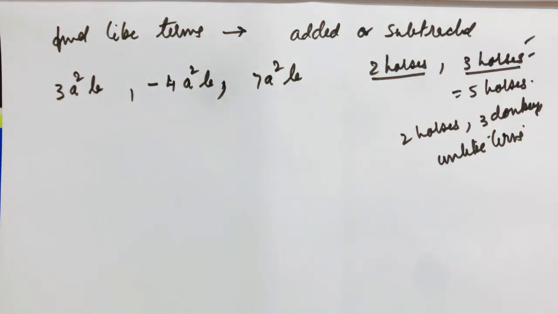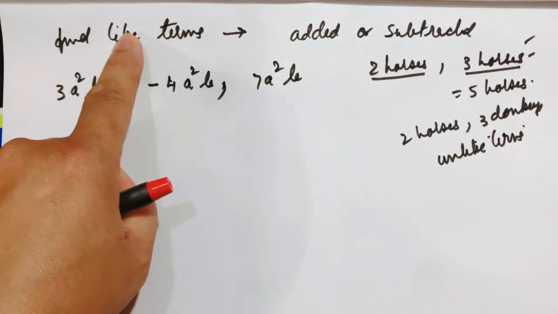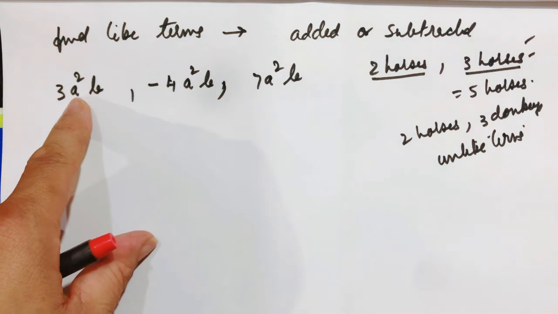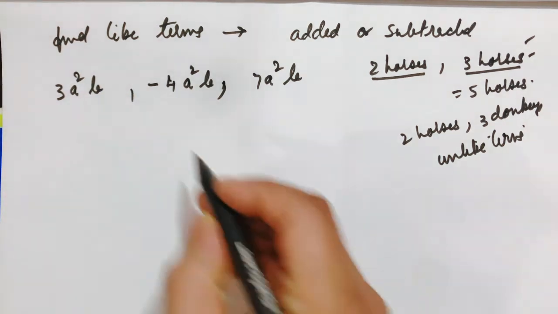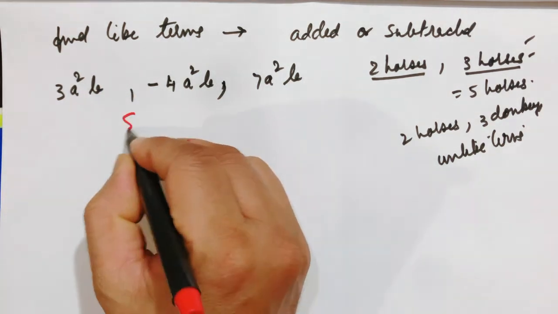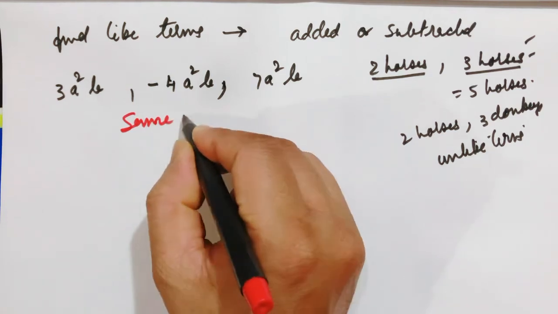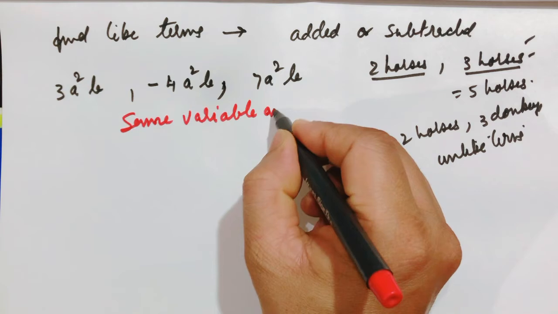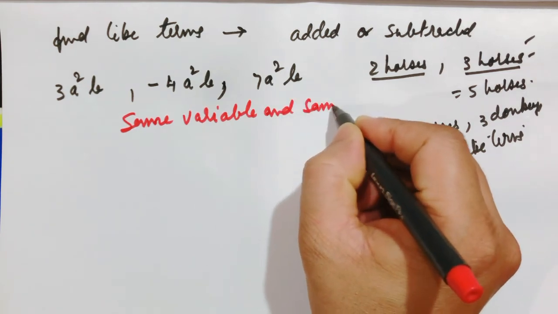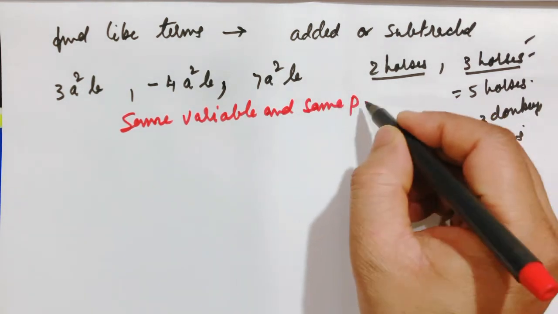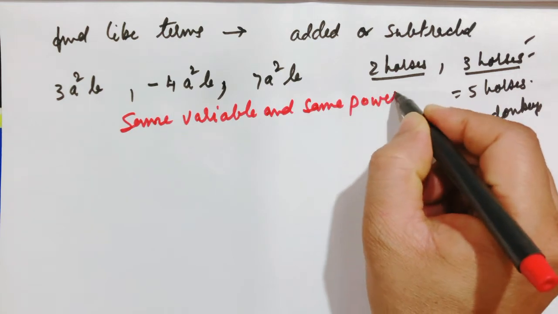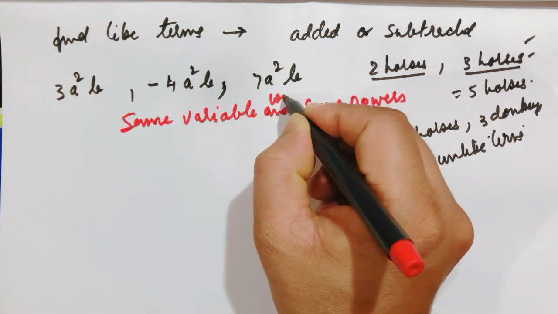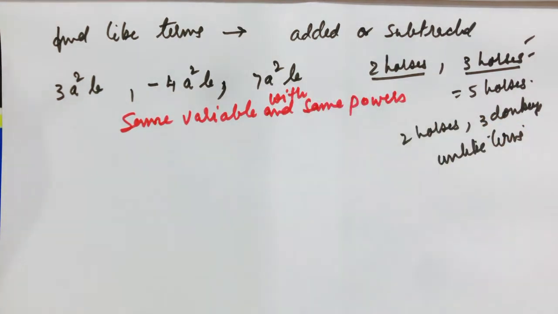So if you are being asked to find the like terms, it means you will have to see whether it contains the same variable with the same powers. For example, group the like terms together.